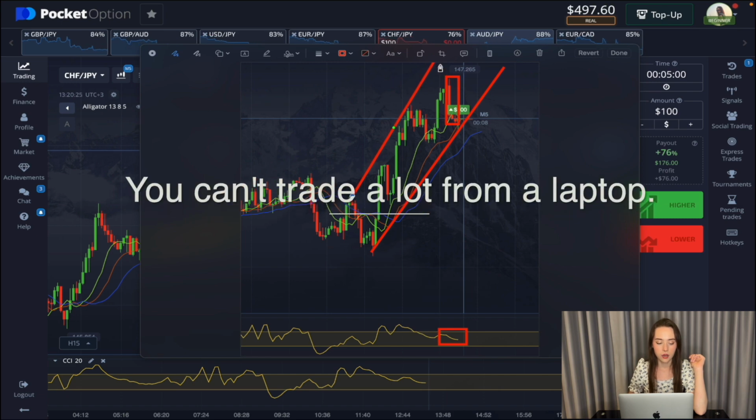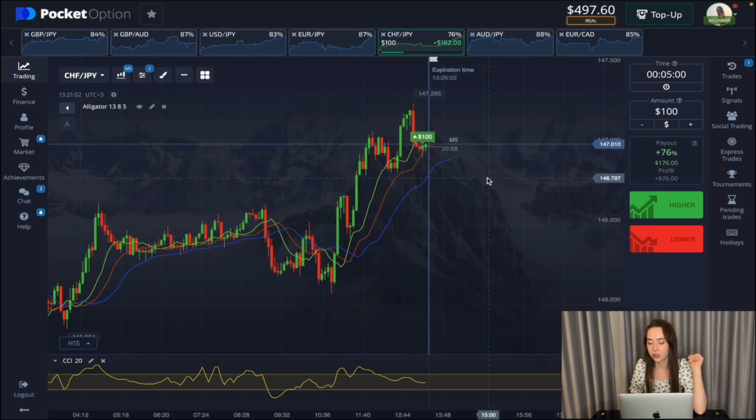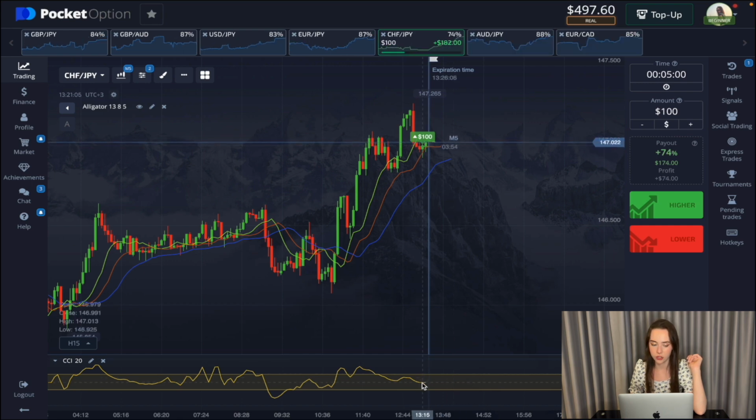You can't make a lot of money from a laptop. Trading is often positioned as an activity that can be carried out from anywhere in the world. So you can travel a lot and devote 3 or 4 hours a day to trading and spend the rest of the day on pleasure and hobbies.